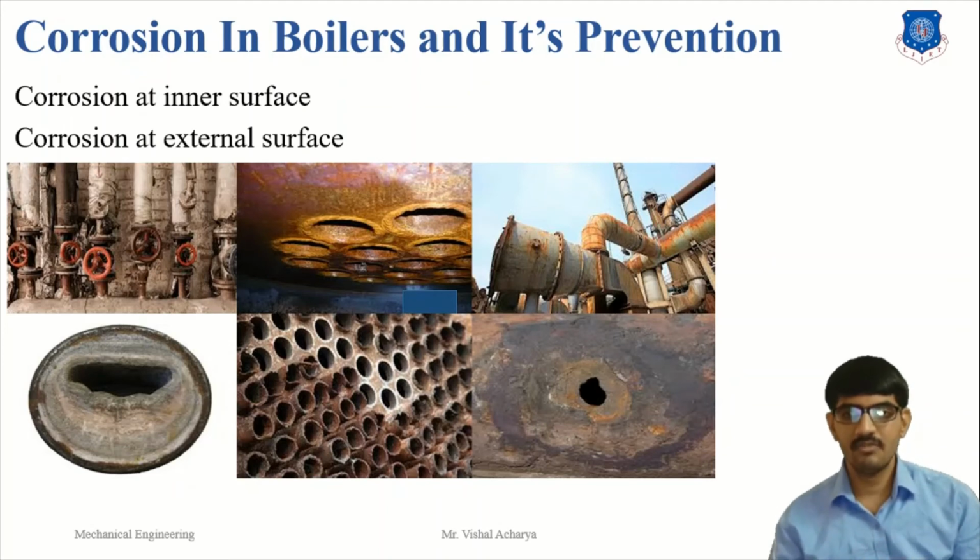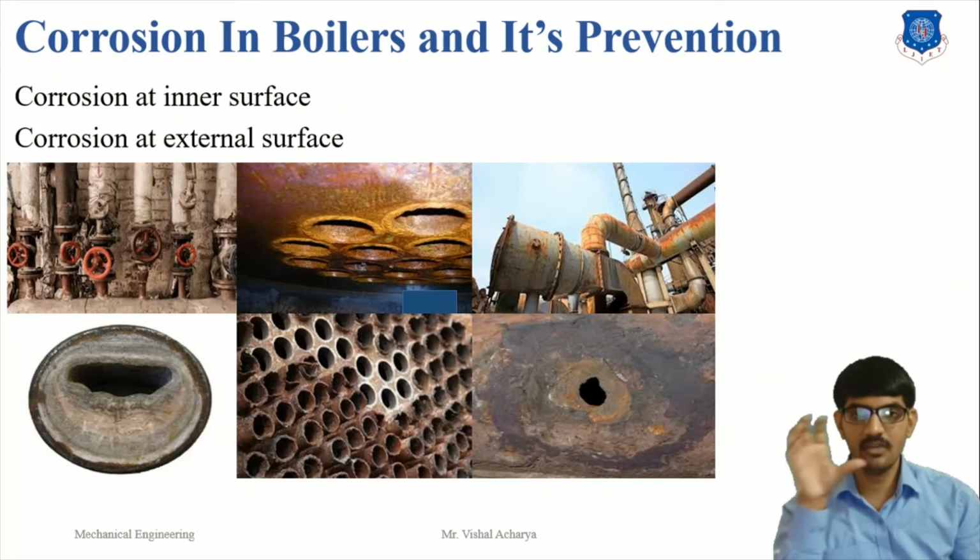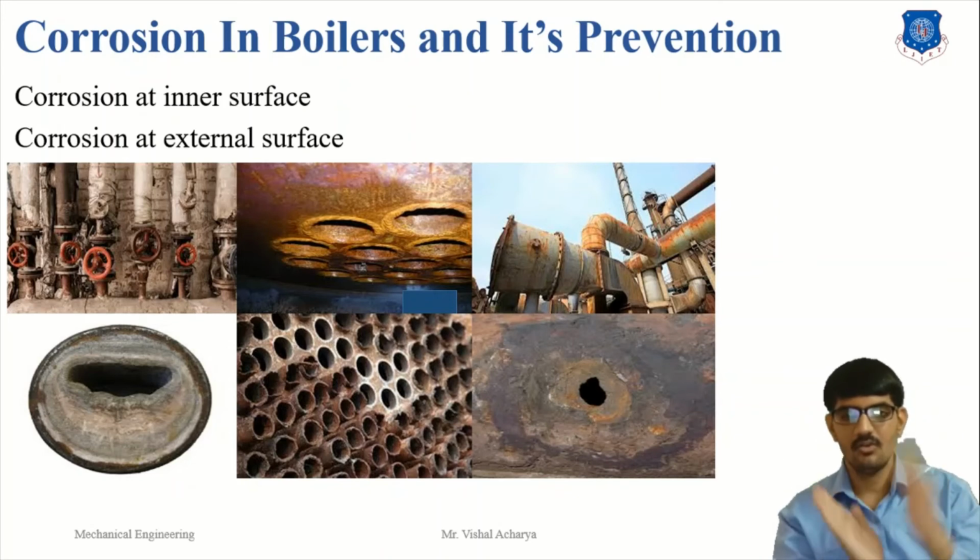Corrosion is a phenomenon in which atmospheric oxygen in air or water reacts with the metal to form oxides. In an industrial boiler, oxygen dissolved in the water inside the boiler reacts with the metal of the steam boiler. The ferrous component of the metal reacts with the oxygen in the water and undergoes oxidation.